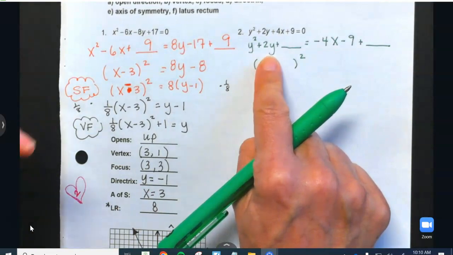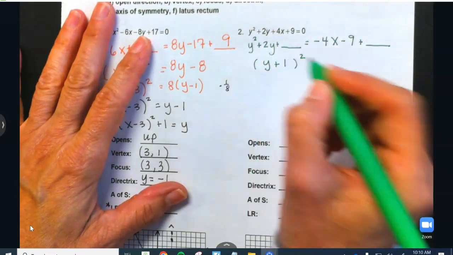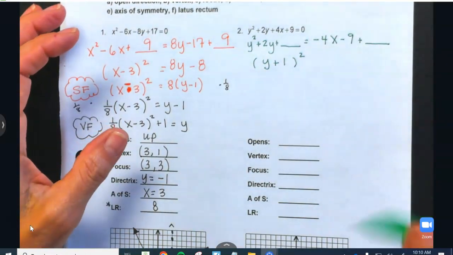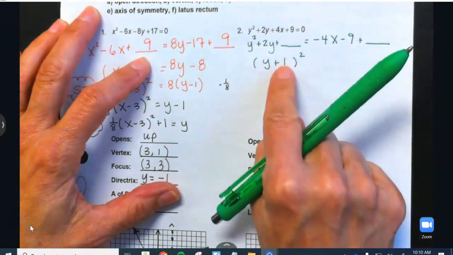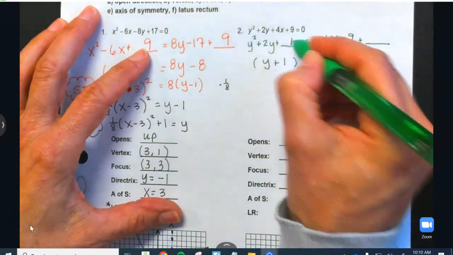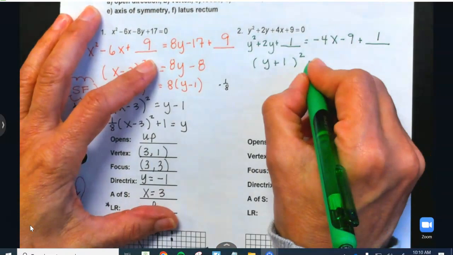Let's cut positive 2 in half. So it's going to be y plus 1 in parentheses. Y'all, what goes on those blanks? Whatever this number is, you just square it and you drop it on the blanks. So these are 1s.